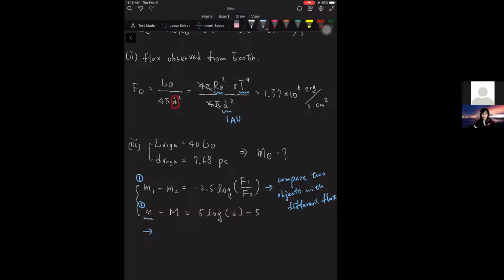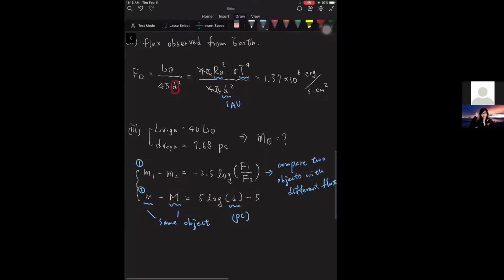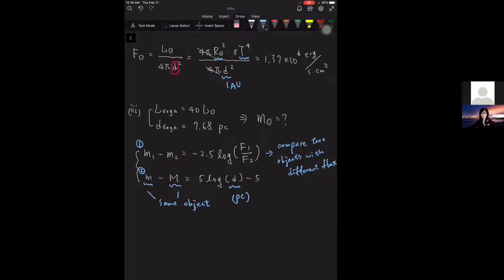The small m and big M are the magnitudes of the same object. And the distance here, remember, has to be in units of parsec. So remember to convert your distance to parsec if you want to use the distance modulus.